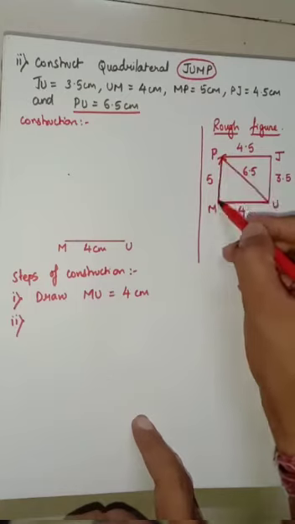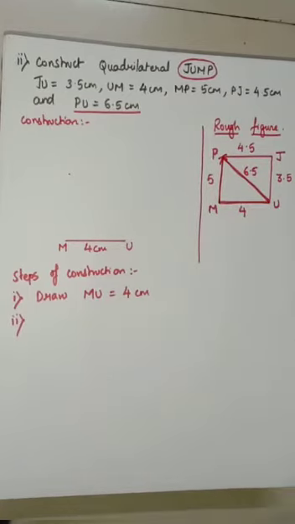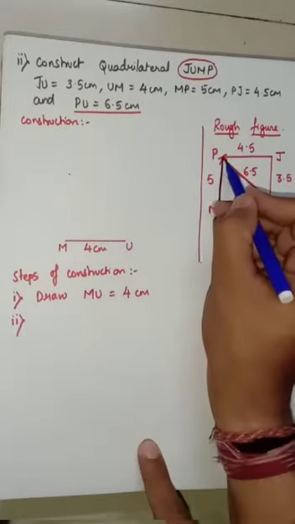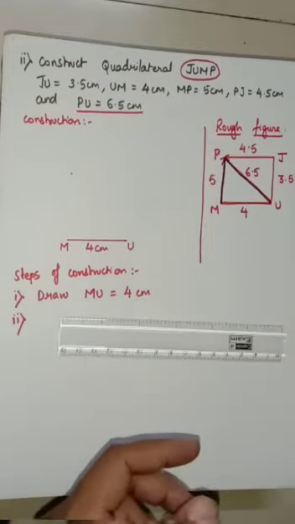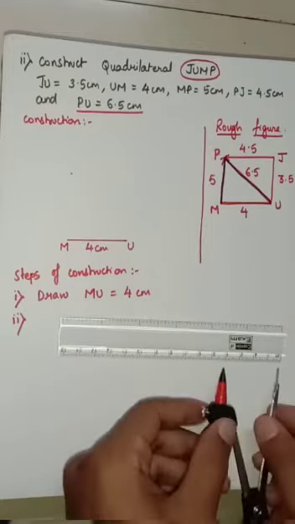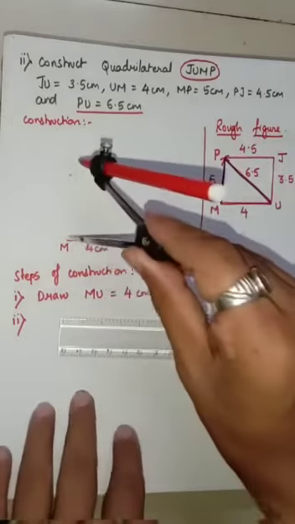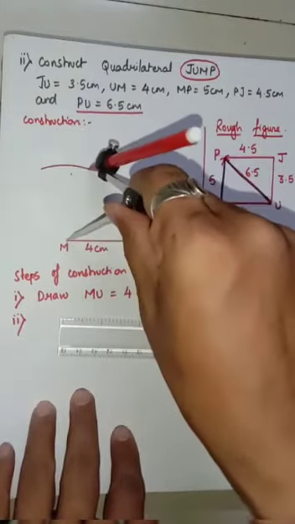So what will happen, this triangle part will be formed. Somewhat I am highlighting. So from M we will draw an arc of 5 centimeter and from U we will draw an arc of 6.5 centimeter, and they will intersect at point P. Using compass, from point M I am drawing an arc of 5 centimeter.